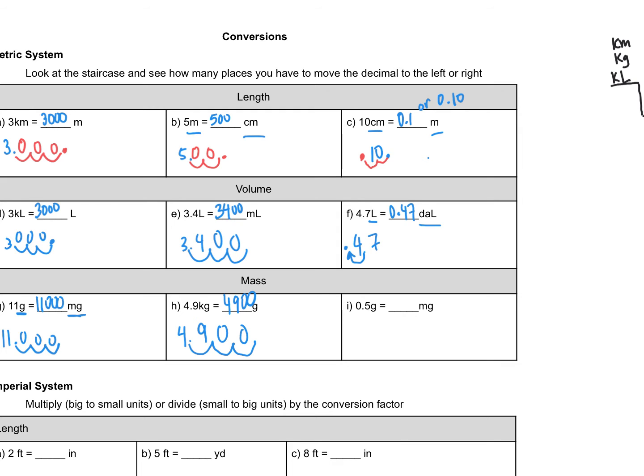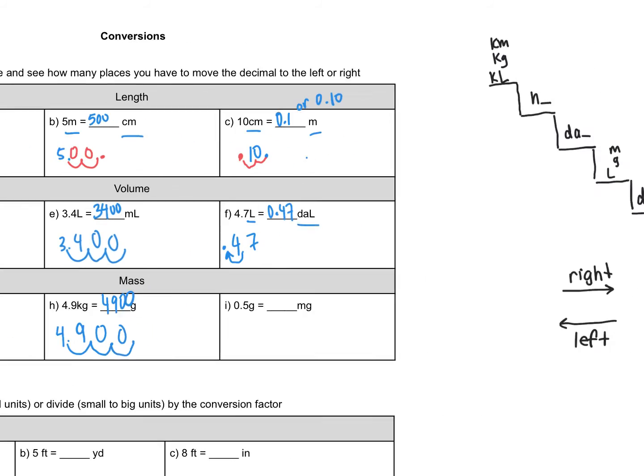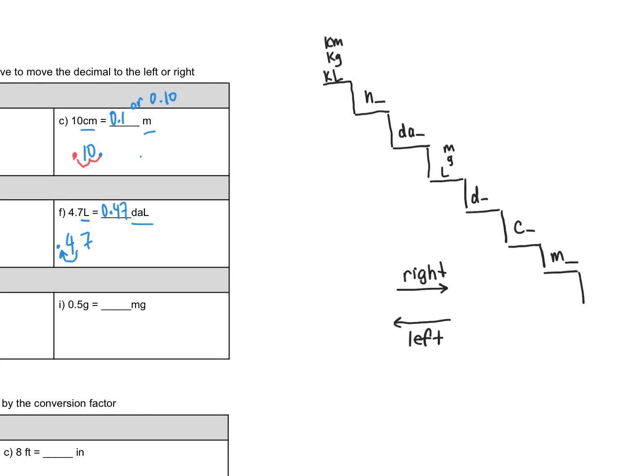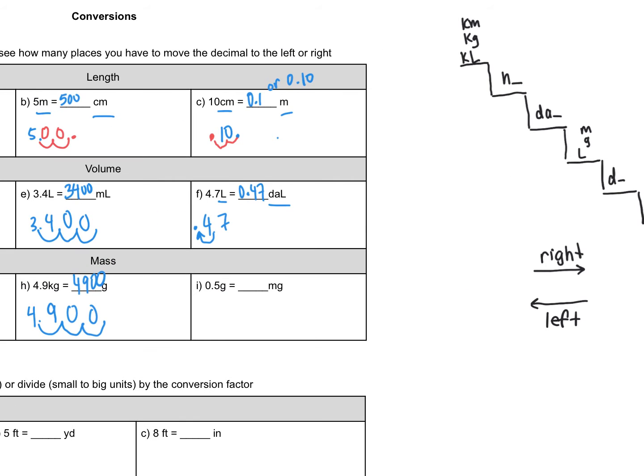And last one for metric, 0.5 grams to milligrams. Grams, milligrams. 1, 2, 3 steps again to the right. 1, 2, 3. Add in your zeros. So that is 500 milligrams.